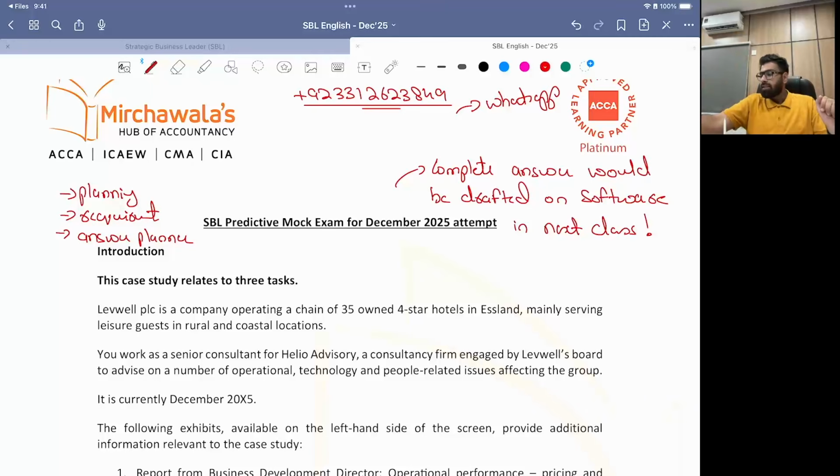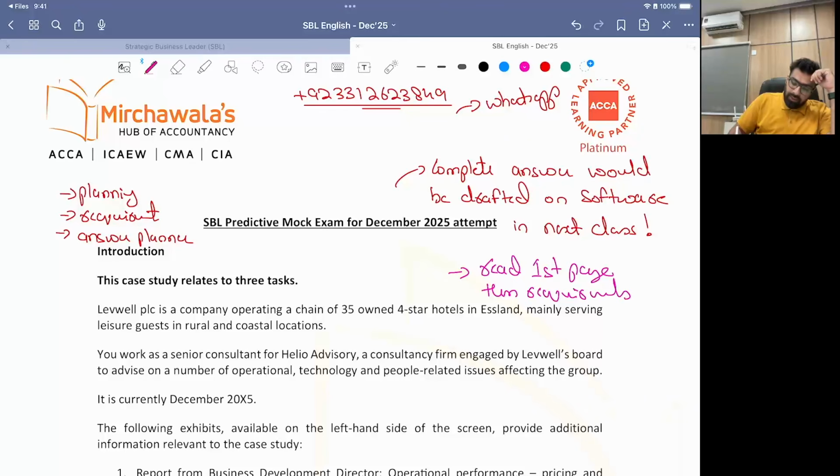Guys, my strategy is very clear in this paper. So what's that? It's simple: read the first page, like this page, and then the requirements. Don't read the exhibits first.